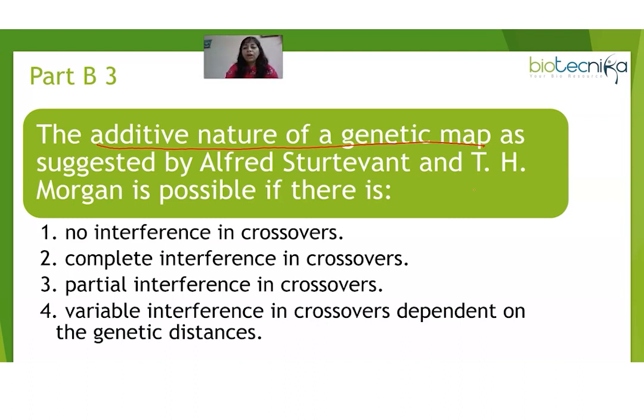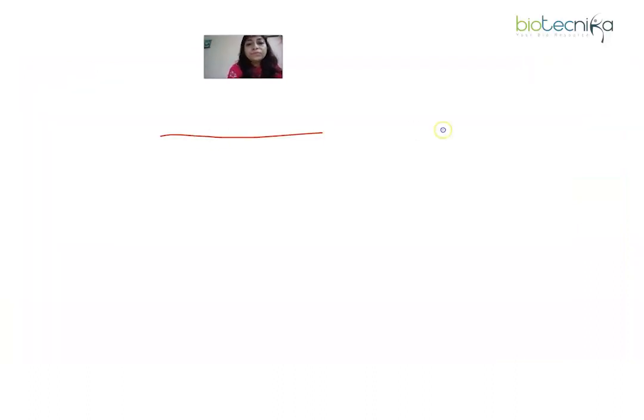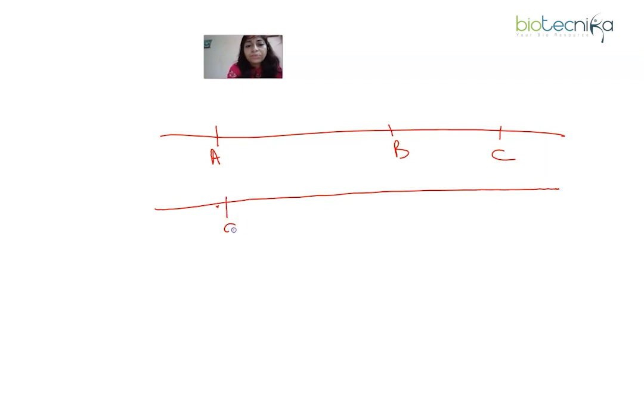Okay, now see what happens because of the double crossover. Suppose you have this A, B and C, and you have another homologous DNA with small a, small b, small c.